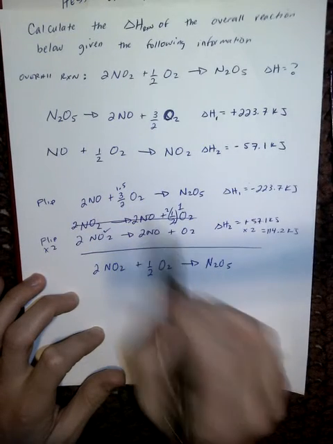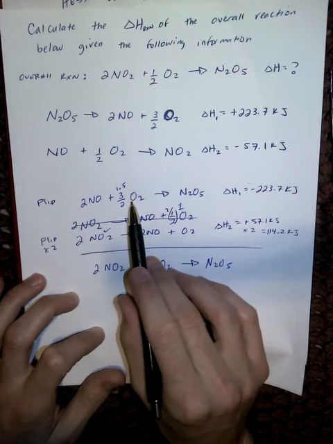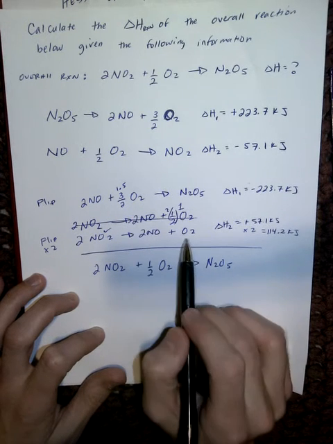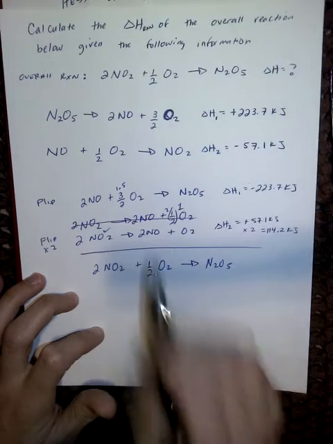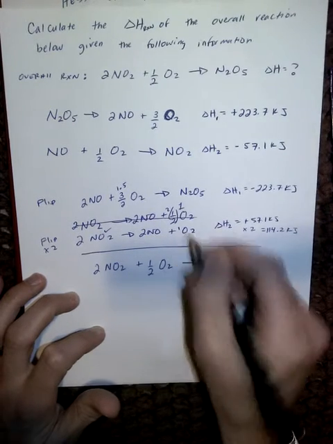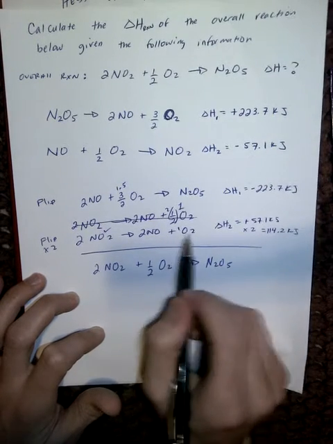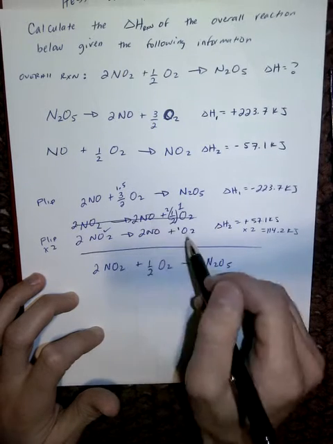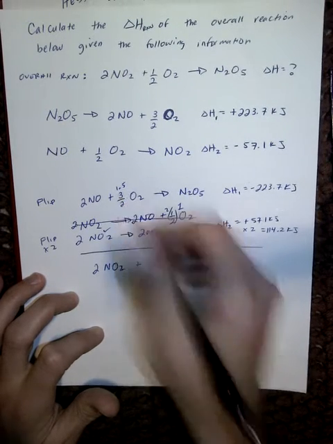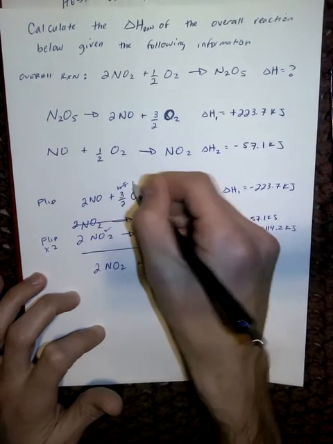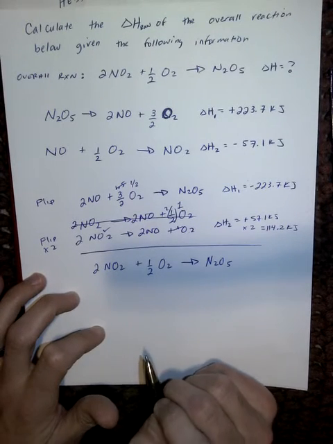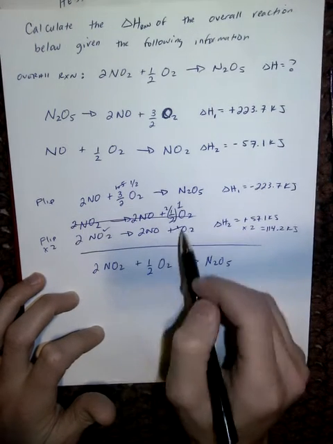Whenever you have molecules that match on the reactant side of one step and the product side of another, you can cancel them out. But I don't have equal amounts here. I have 1 mole of O2 in the product in this step, and then I have 1.5 here. So when you cancel 1 mole away from 1.5, what are you left with? You're left with half a mole of O2 as a reactant, which is exactly what I want. So then O2 is all good.